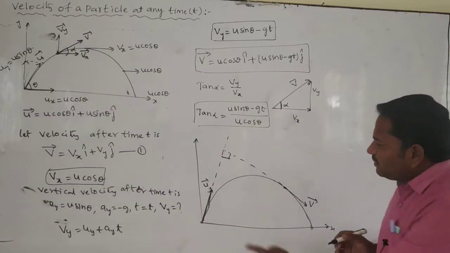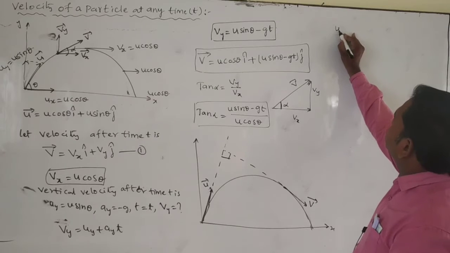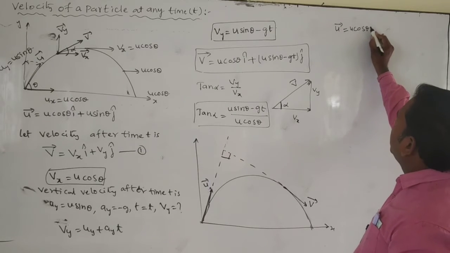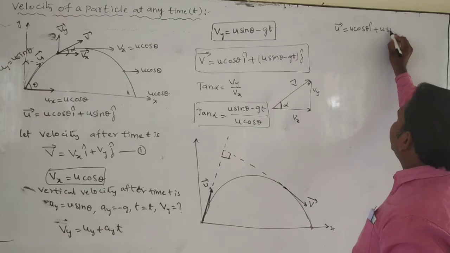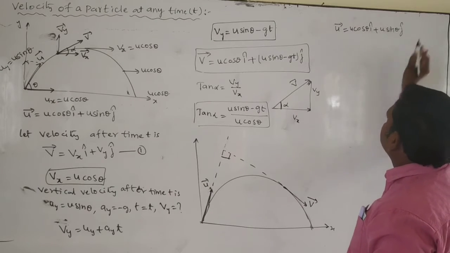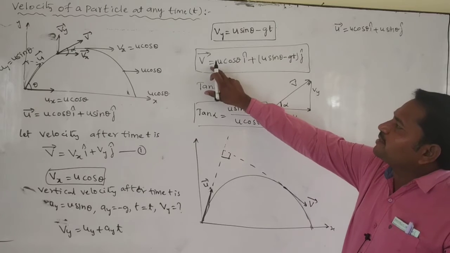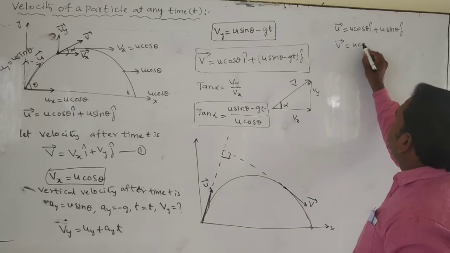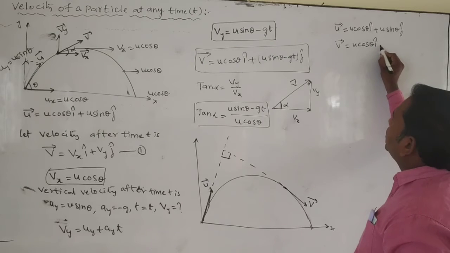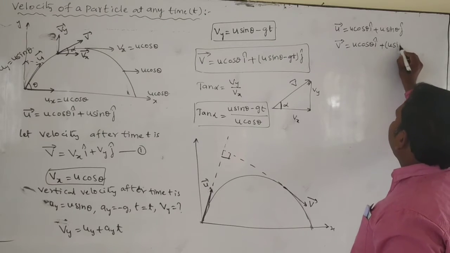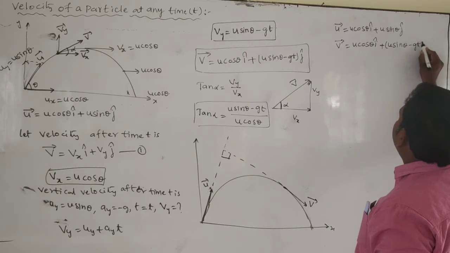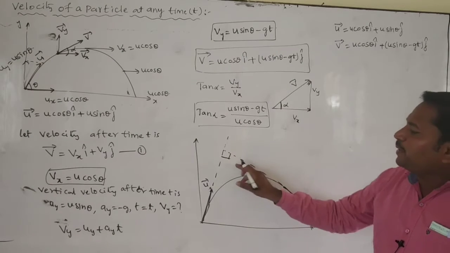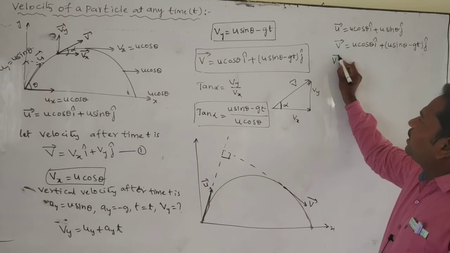Now what is the initial velocity vector? u bar equal to u cos theta i cap plus u sin theta j cap. What is the final velocity after time t? v bar equal to u cos theta i cap plus (u sin theta minus gt) j cap. So when they are perpendicular, what is the dot product?